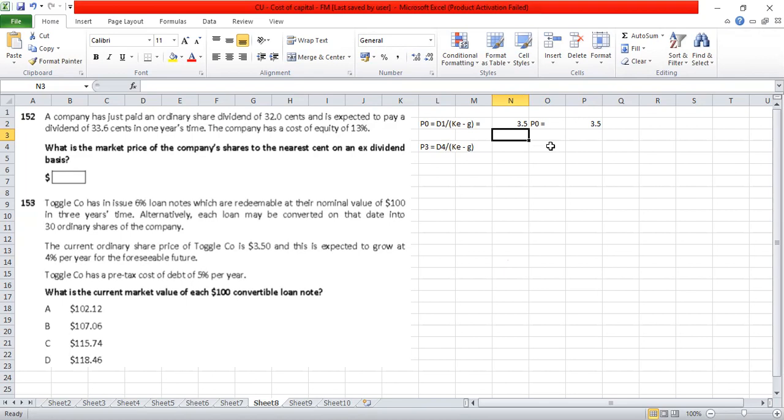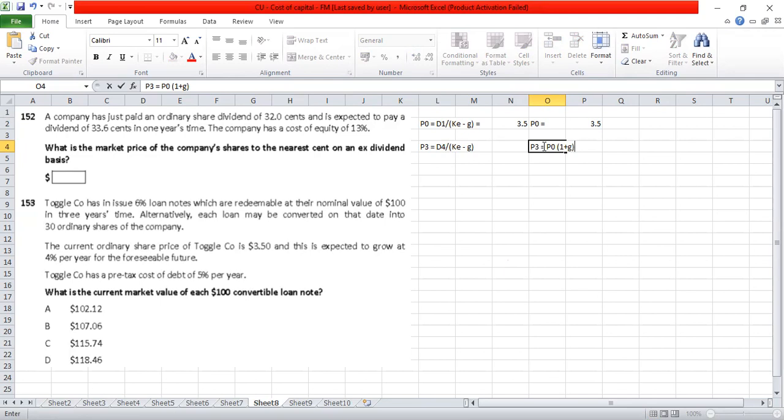So if that growth rate is multiplied 3 times, if we are talking about P3, P3 is equal to P0 into 1 plus G. Each year it would keep growing according to the growth rate.